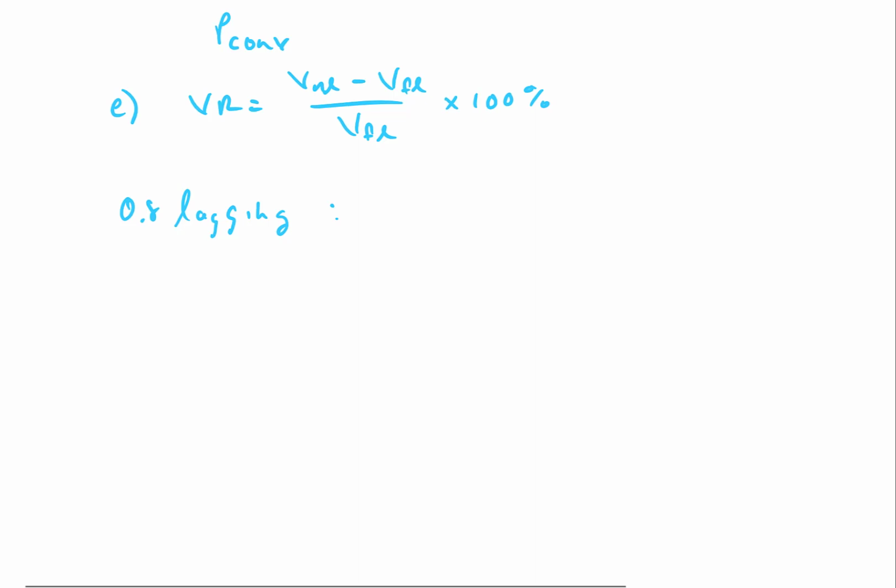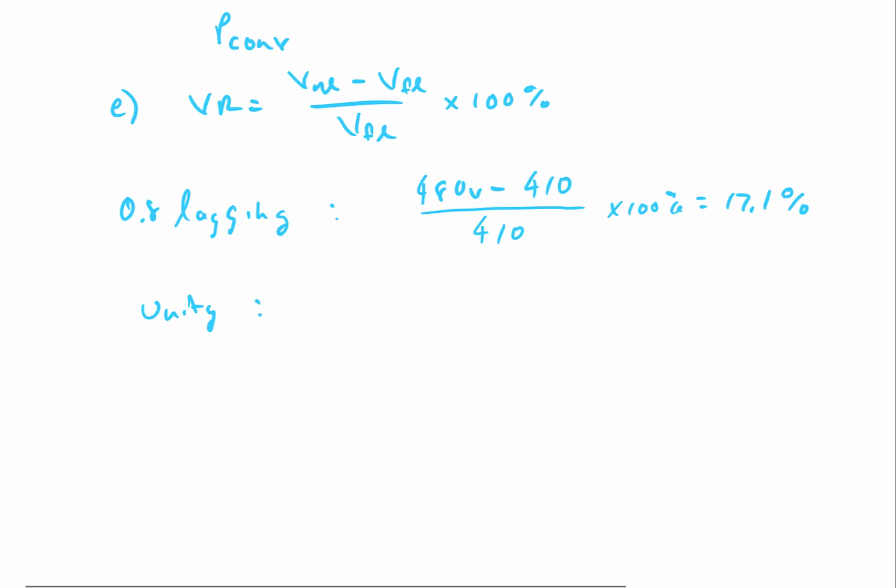That's how we deduced that EA was 277. So we have 480 volts minus the full load voltage, which in the lagging case we computed that to be 410 volts, and we divide this by 410 volts times 100%, and we get 17.1% voltage regulation.